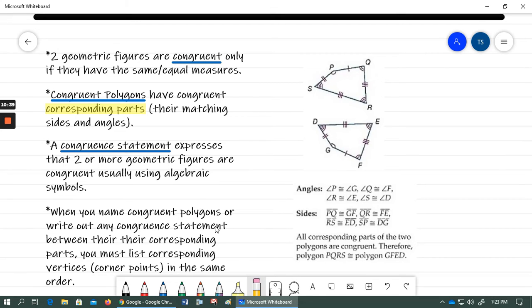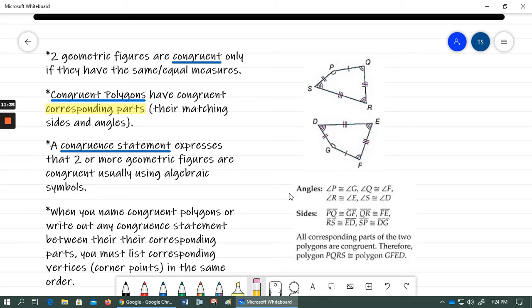When you name congruent polygons, or write out any type of congruent statement between their corresponding parts, expressing that two polygons are congruent or that their corresponding parts are congruent, you must list the corresponding vertices, the corresponding corner points, in the same order. Vertices is plural for vertex.